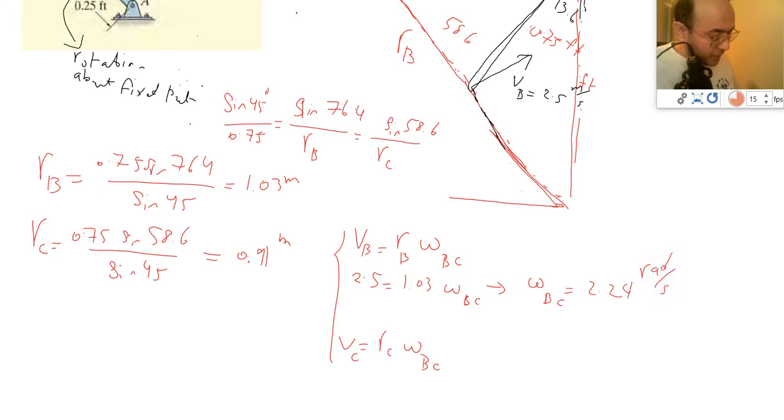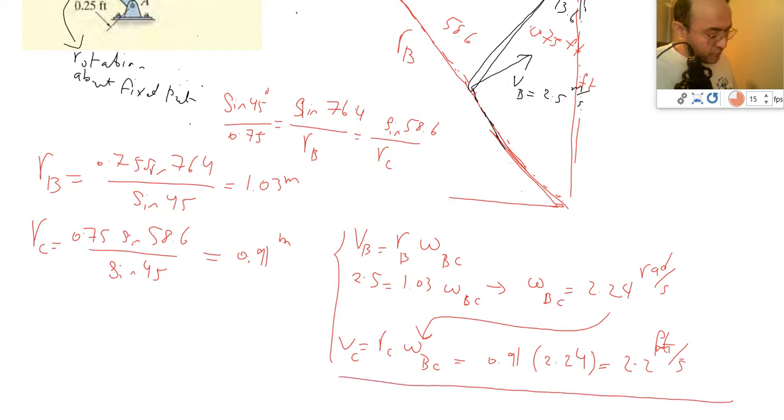Now I'm going to plug it down here. Velocity of C is equal to RC, 0.91, times omega BC, 2.24, and the answer for this would be 2.2, not meter, feet per second. We actually solved this problem without using anything from vector, without using any i, j, or something similar.